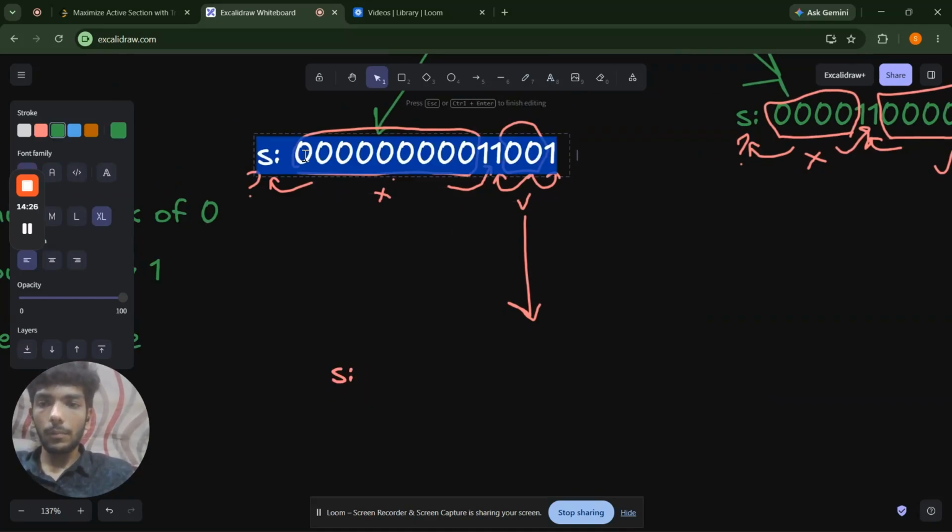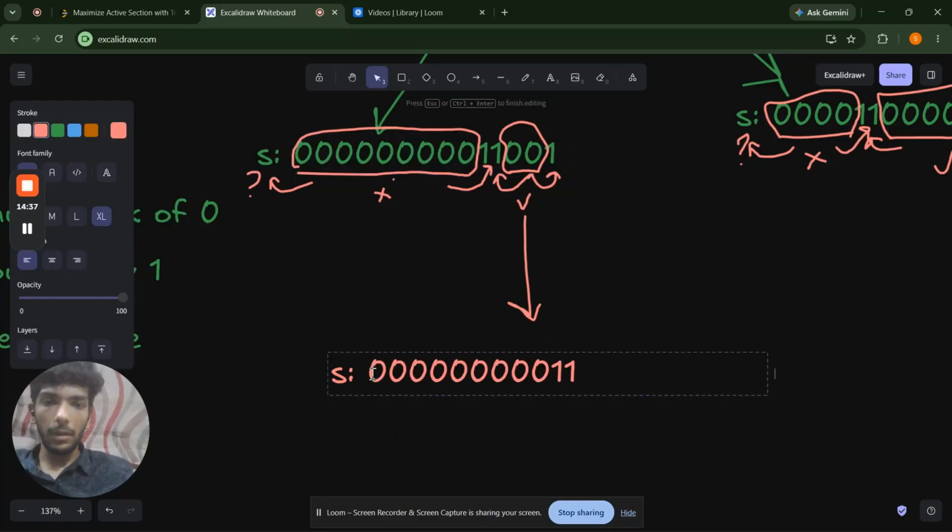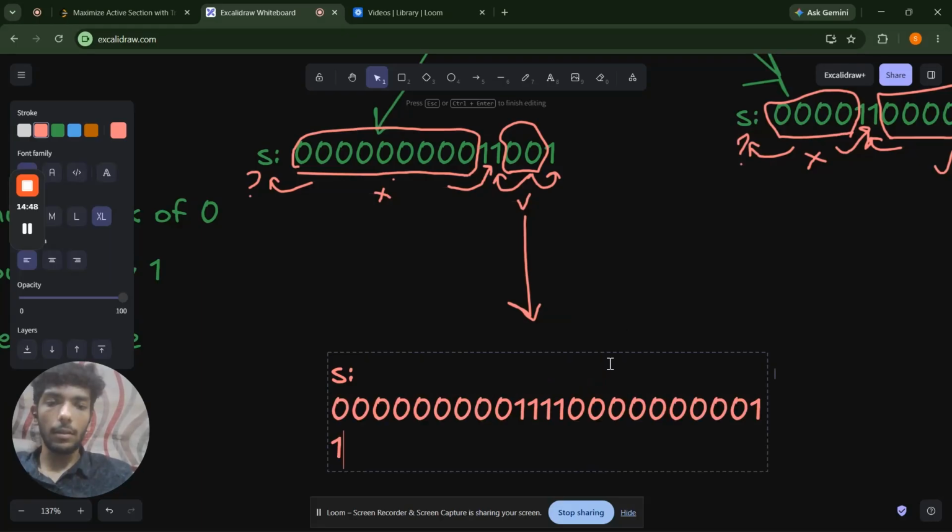So we are converting this block of zeros to ones. So the part before it will remain as it is. This part will be converted to 1 and the part preceding it shall also remain as it is.